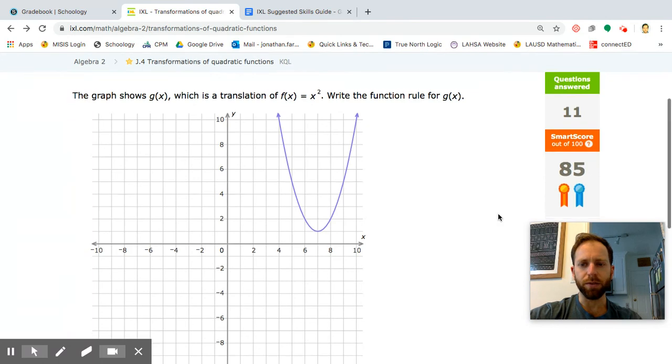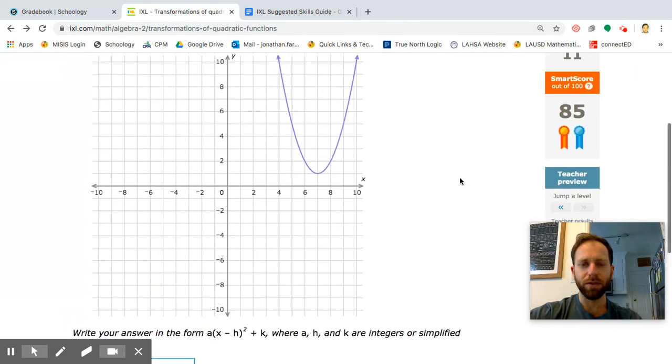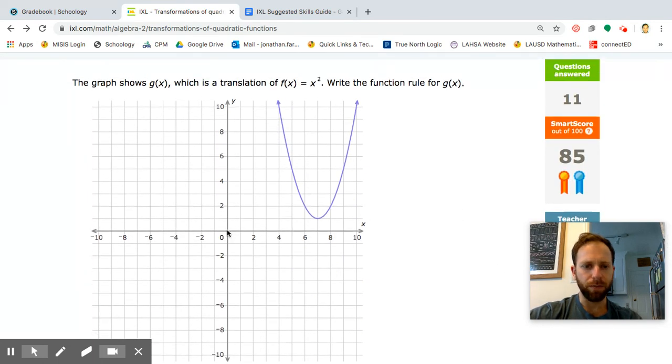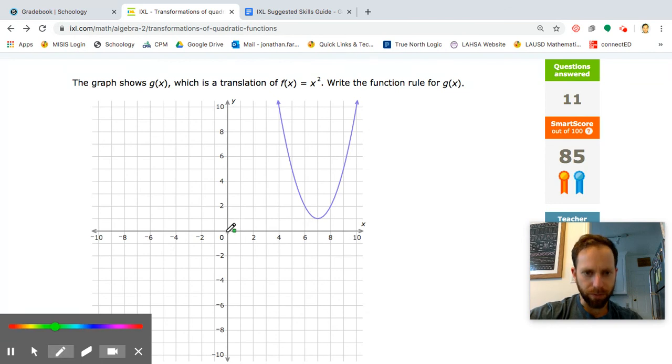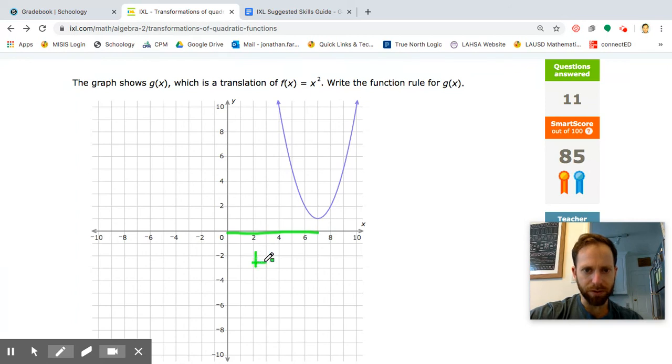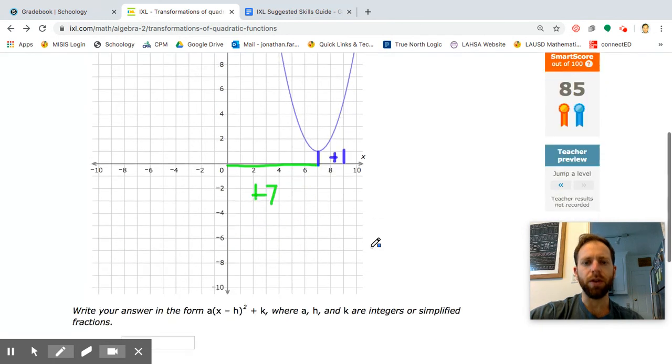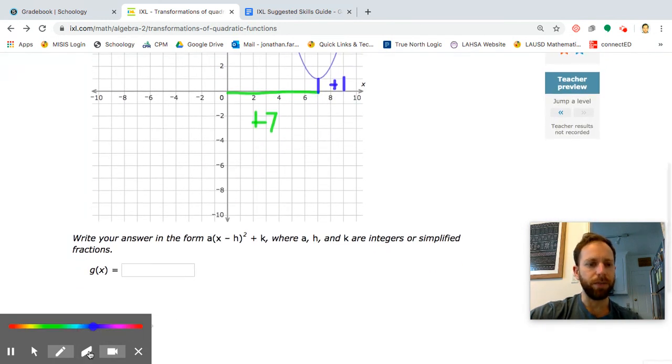This one's a little similar to the last one. We're moving to the right. 1, 2, 3, 4, 5, 6, 7. So that's plus 7 because it's to the right. It's not negative, it's positive. And then we're moving up 1, positive 1. And a lot of it is just keeping it straight, right?